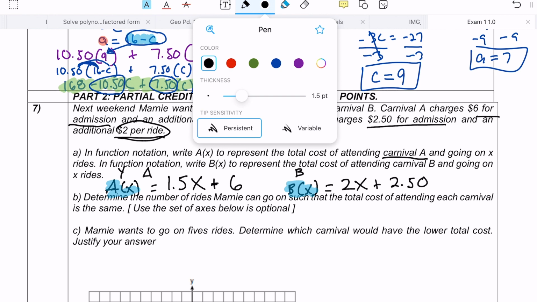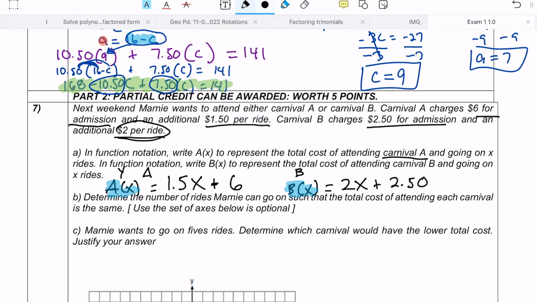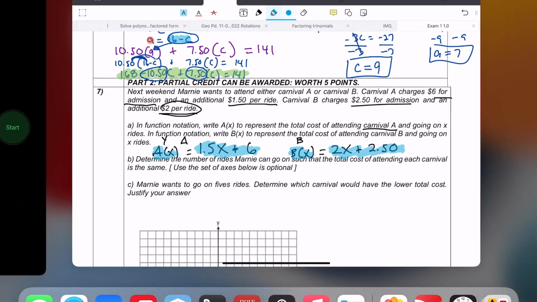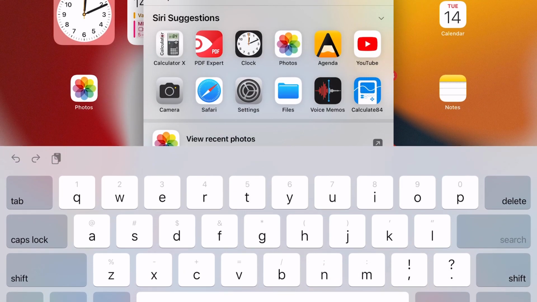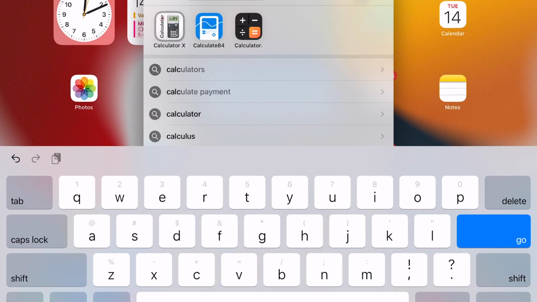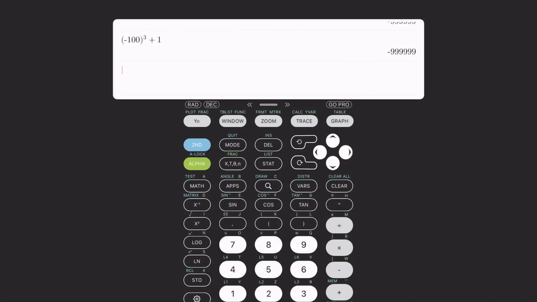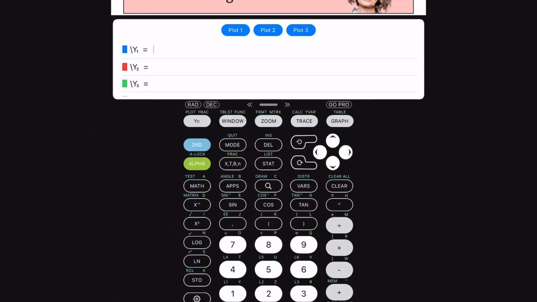Okay, now it says determine the number of rides Marnie can go on such that the total cost of attending each carnival is the same. So you want to see when both of them are the same. Because the Y is by itself essentially, we can go to our calculator, to y equals.